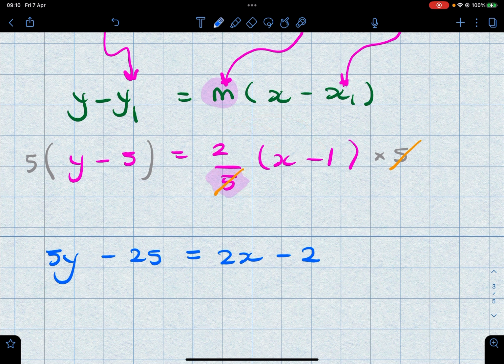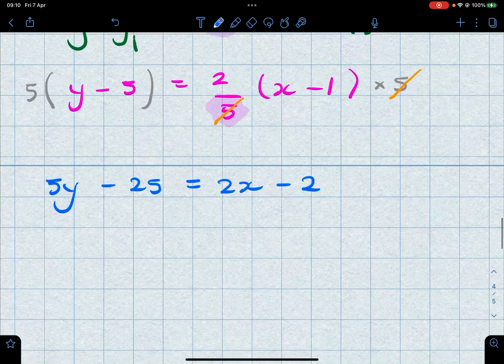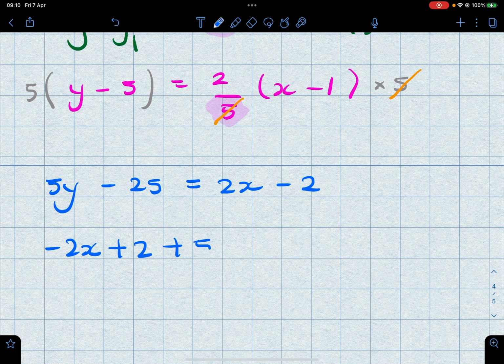So 2x minus 2. Now, I'm going to move everything to the left side so I have something equals 0 because that's what they asked for. So I'm going to get minus 2x plus 2 plus 5y minus 25 equals 0. All right, so I think these can add together.